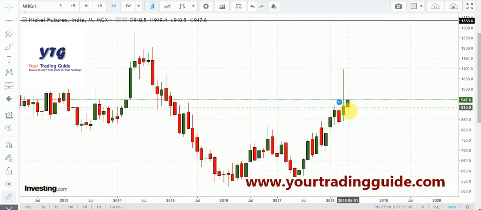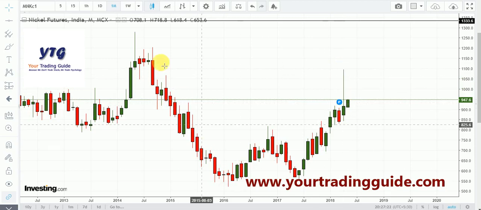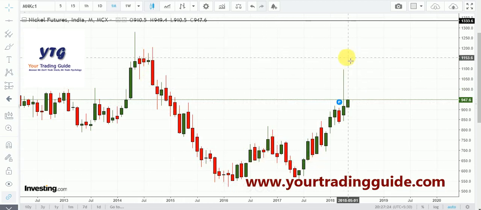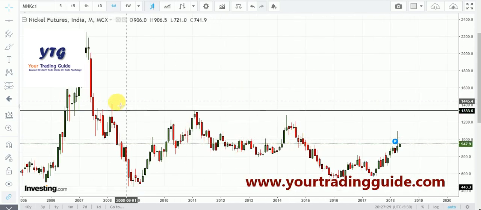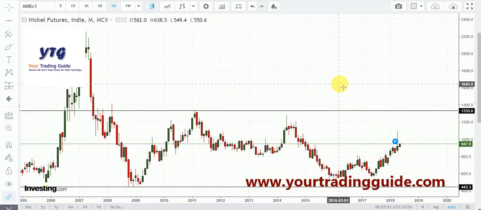This was the month of April when the nickel spiked up and almost completed this double bottom and then came down. Looking at the broader picture, what I can conclude is that on the broader time frame, nickel is in a sideways trend. Clear to everybody? Let's move to the weekly chart now.